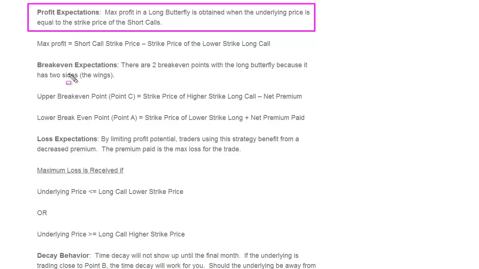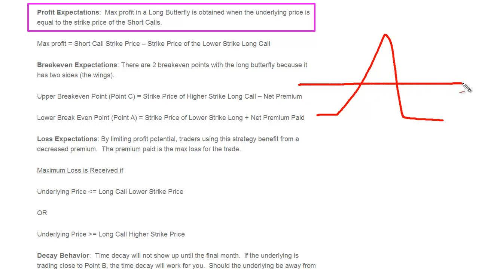Maximum profit. Let's get into the break evens. You're going to have 2 break-even points with this spread. Typically it's going to look something like this. You may have a 0 line that comes right through, and you'll have your break-even here and a break-even here.